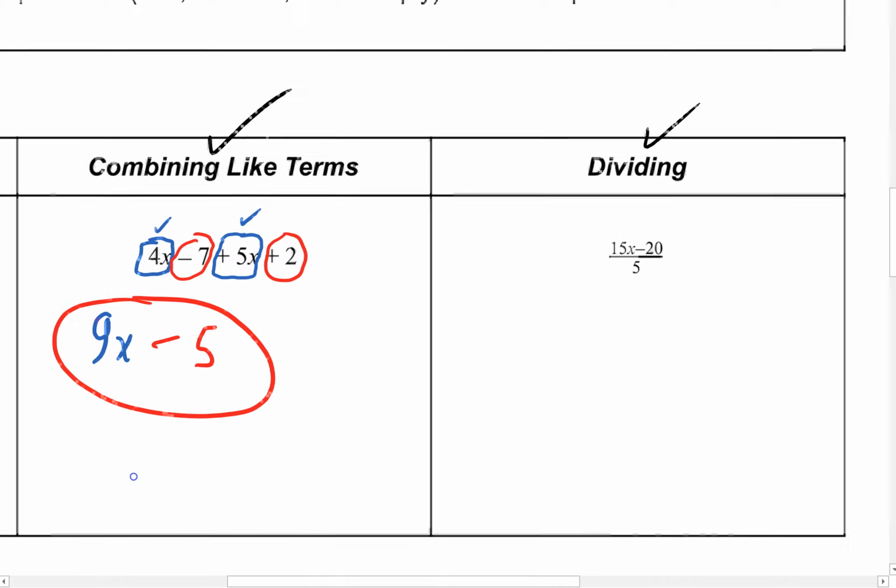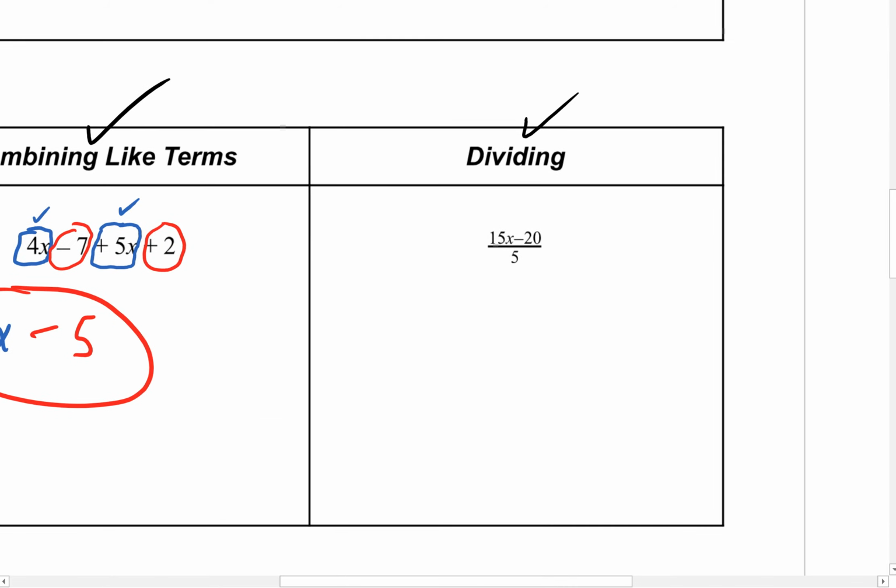Taking a look at dividing, we're going to see quite a few expressions involving fractions. And if you look at your numerator, you're going to see that you actually have two distinct terms in the top, a 15x and also a minus 20. And there's only one denominator, and that's a 5. This involves division. More specifically, what it's saying is the first term in the numerator, 15x, is being divided by 5.